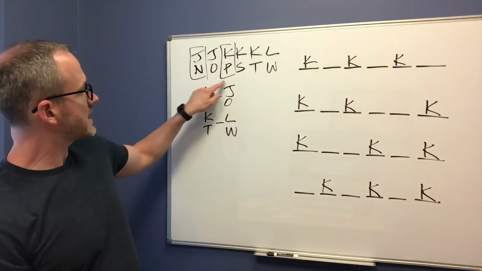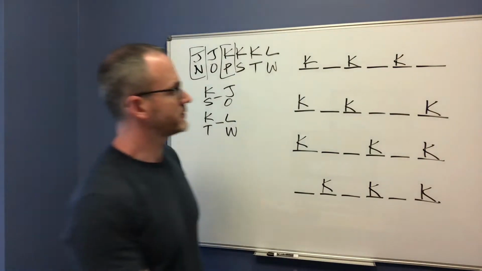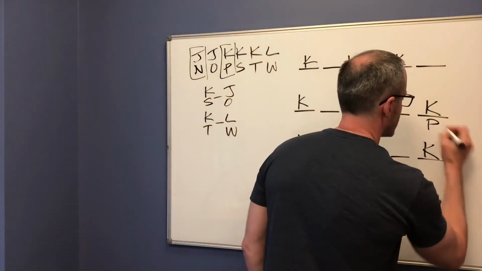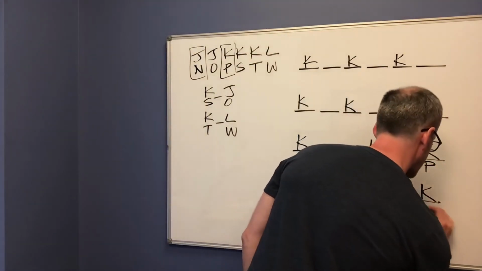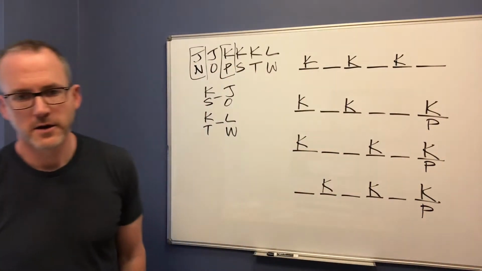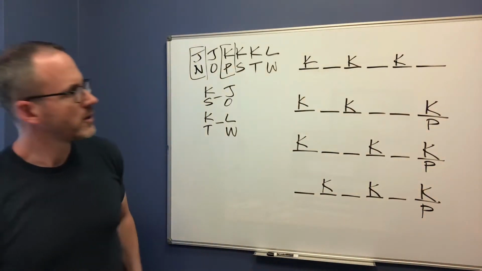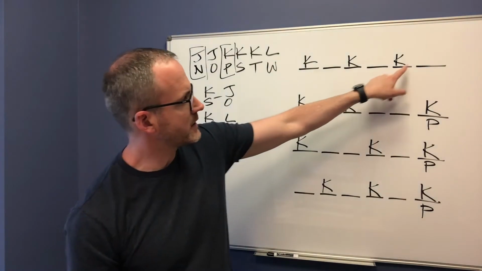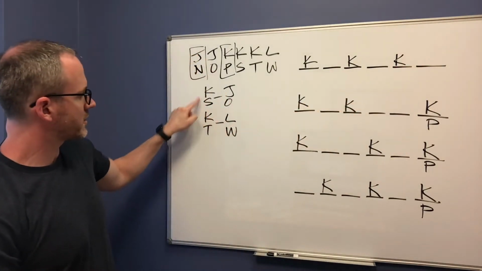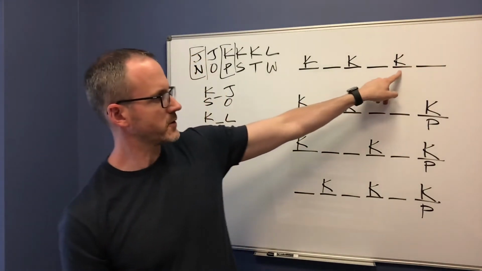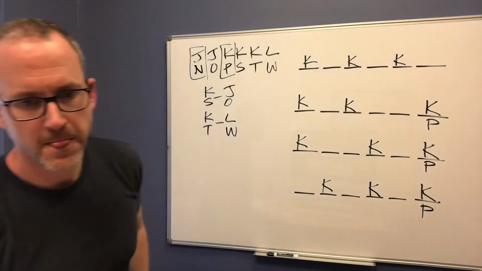The only K that's left is KP, so I'm going to note that here. This is KP, KP, KP. Now, this K right here can have something come after it, so it could be one of these K's, so I can't say that that's KP.